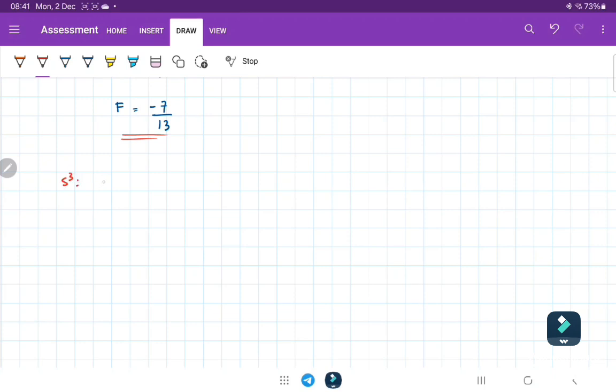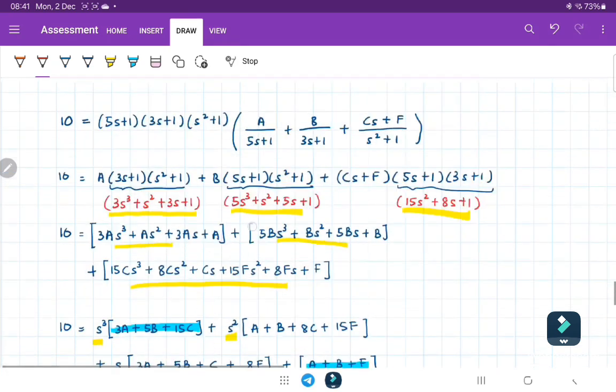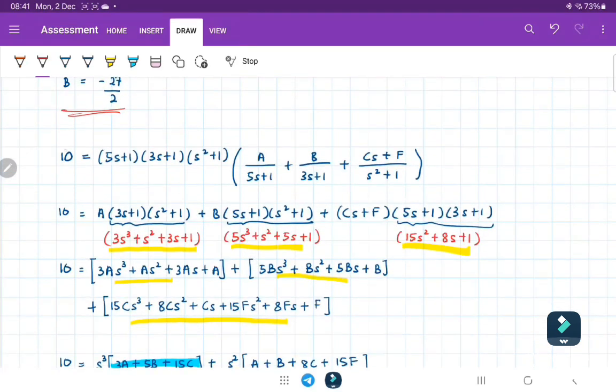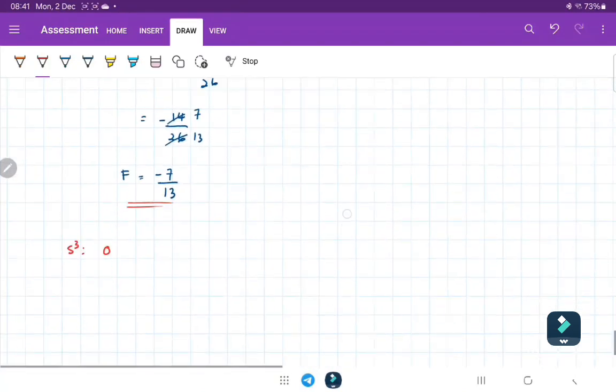S cubed on the left hand side of the equation is 0. When we look at this equation, this is s to the power of 0, but for s squared and s cubed we don't have any value, so it is 0.